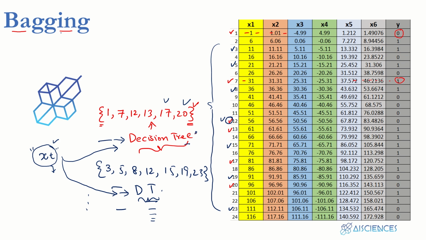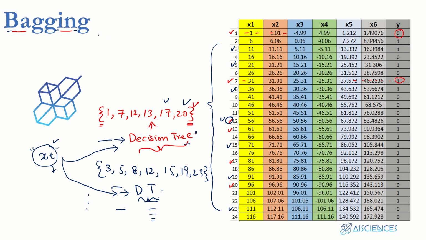It turns out that bagging basically has low variance, and it performs better as compared to a single decision tree or a single classifier in general, and has less chance of overfitting.